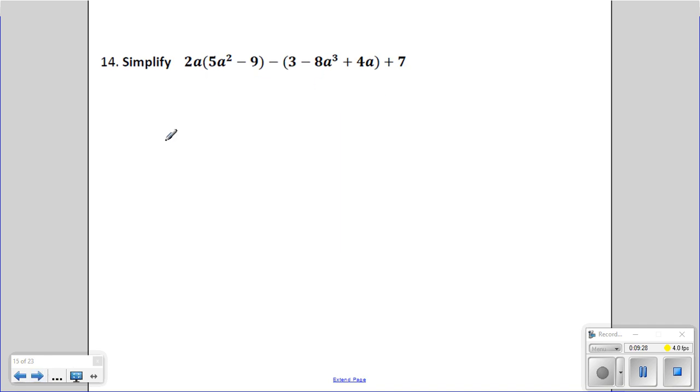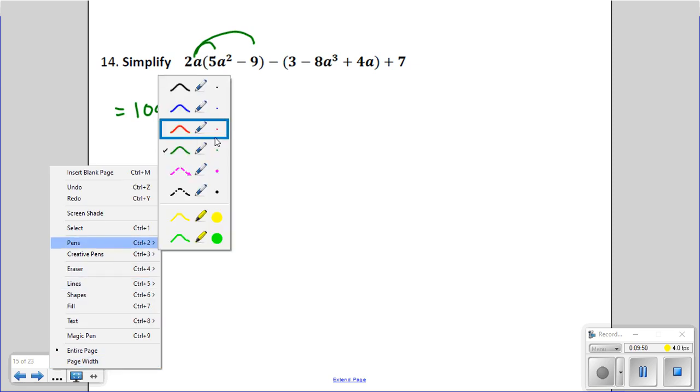Number 14 is another question where we have to simplify. So the first thing we need to do is distribute 2a into the first parentheses. So that's 2a times 5a squared, which is 10a cubed. 2a times negative 9 is negative 18a.